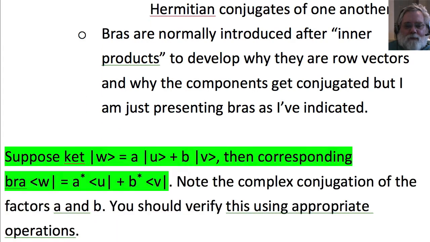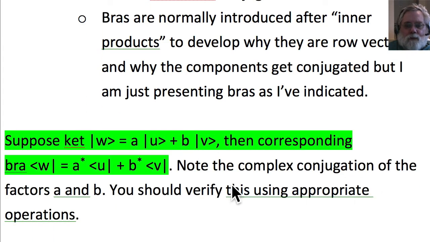Now, suppose we have a ket W, which is a linear combination of the kets U and V, with coefficients A and B, which are complex numbers. Then the corresponding bra W is a linear combination of bra U and bra V, but the coefficients have to become complex conjugated, A conjugate and B conjugate.